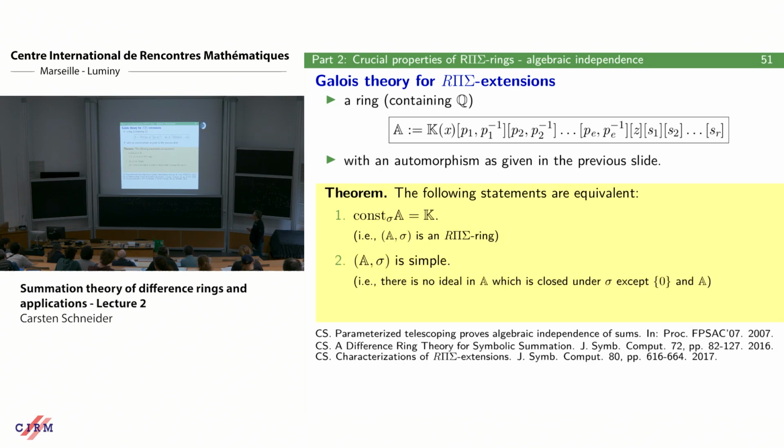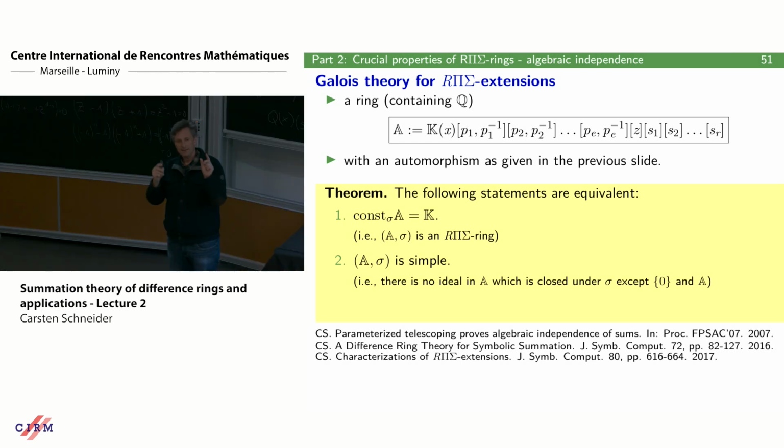Second property, the difference ring is simple. This means whenever you have an ideal which is closed under the shift: if you take two elements from the ideal and you add, they must be in the ideal. And if you multiply a ring element with an element from the ideal, it should be in the ideal. And if you shift an element from the ideal, it should be again in the ideal.